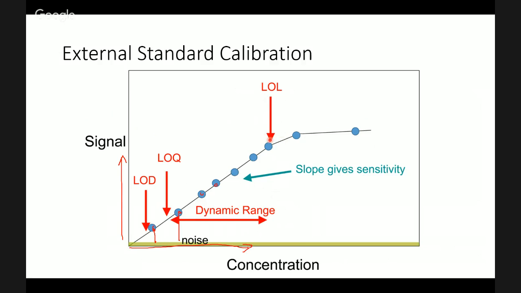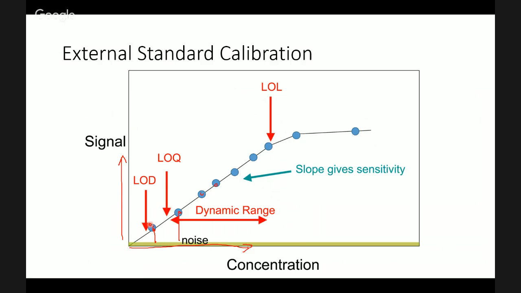So we have this thing called the limit of linearity up here. That's basically the range over which we can use a linear equation, y = mx + c, to describe the relationship between signal and concentration. Okay, so that's an important point.